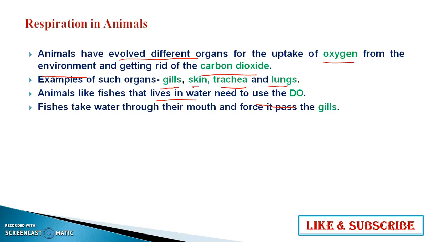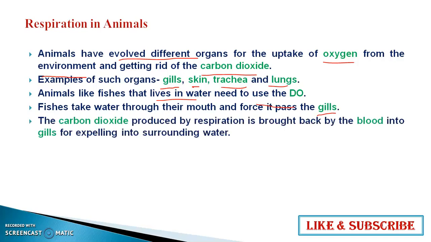When the water having the free oxygen passes through the gills, the oxygen available in the water is easily taken up by the blood. After that, the carbon dioxide produced by respiration is passed back by the blood through the gills into the surrounding water.